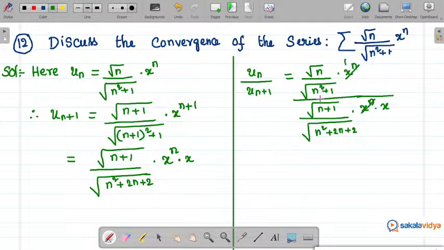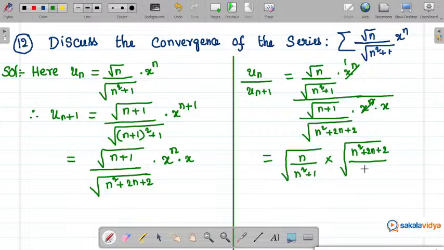So for our convenience we can write this as root of n by n square plus 1, into the reciprocal of this. Reciprocal of this means you can write root of n square plus 2n plus 2 by n plus 1, into 1 upon x.